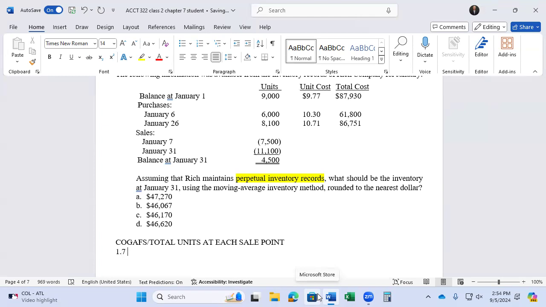So on 1.7, we had a total cost of 87,930 plus 61,800. This is my beginning balance, and these are my purchases before 1.7.